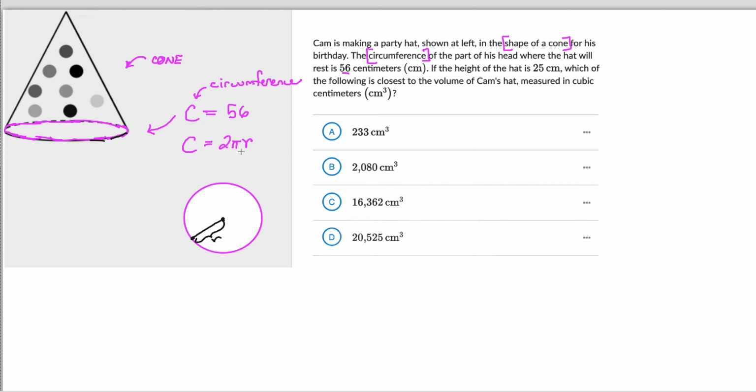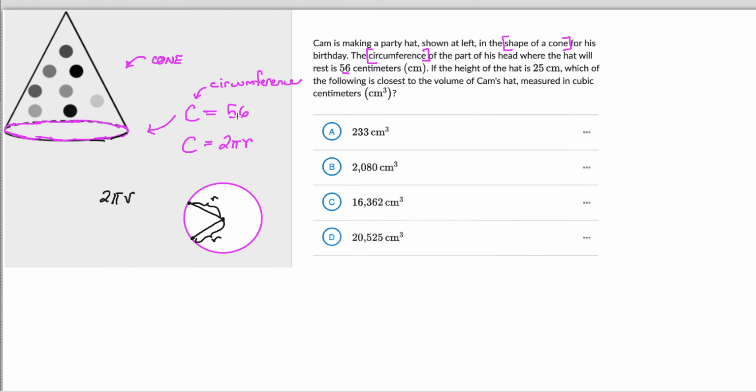And basically what this formula says is that 2 times pi times that radius is the entire length around the circumference. The circumference of the circle is 2 times pi times this length. And these two lengths are the same, right? Again, 2 times pi times r gives you the entire circumference.